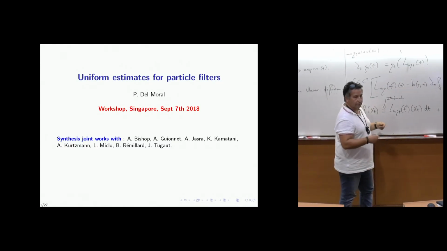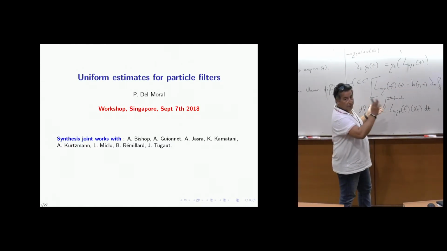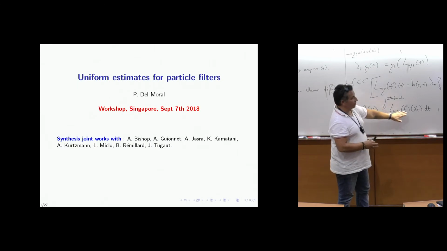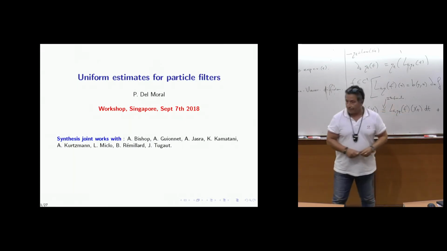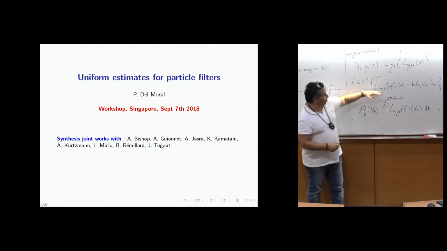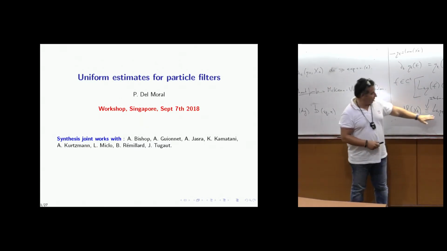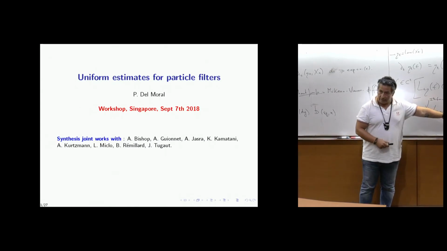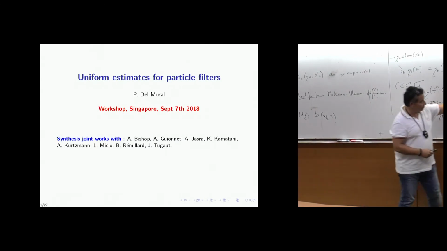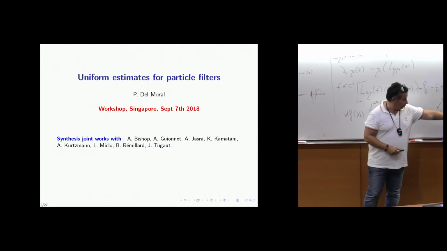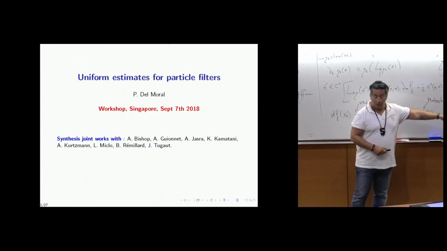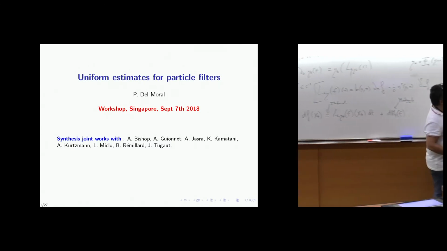I'm obliged to erase this, but keep this trick in mind. What's the trick? I give you a generator. You take any function of the process. You can write it with the generator and a martingale, and you can compute the amplitude of the martingale according to a carré du champ operator, which is defined in terms of the generator.